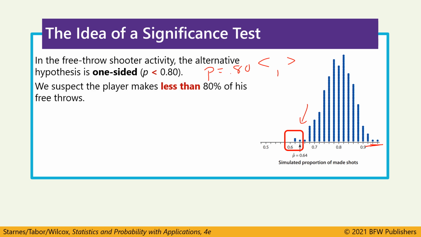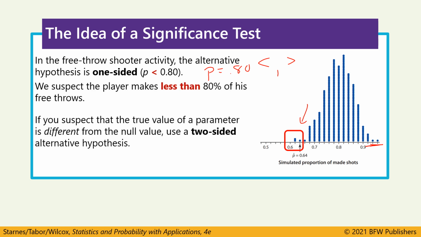In some situations, we might want to do a two-sided test, which would be a not equal to instead of a less than, to see if the proportion is just different from some value. Let's say we were checking to see if a die was fair. We want to see, are we getting a 6 1/6 of the time, or is it happening at some other proportion, which would indicate that this die is somehow weighted and we're not getting that 6 1 out of every 6 rolls on average.